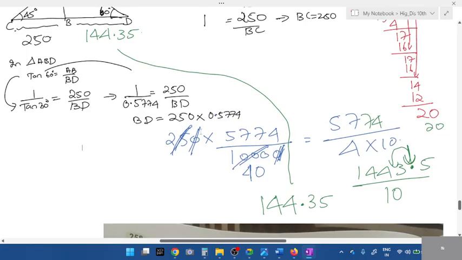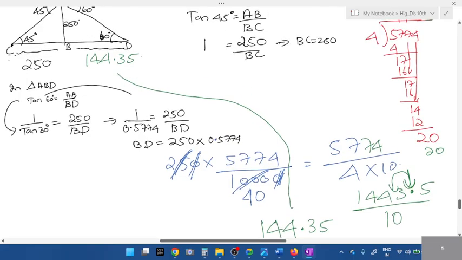And one more thing, think practically, students. Left hand side, what is the distance we got? C to B. What is C and B value? 250, right? 250 meters. Next, right hand side, it can't be 1443. 1443 is too much. So go through the calculation, it should be 144.35. What is the distance between two?